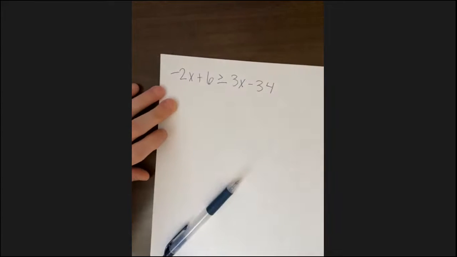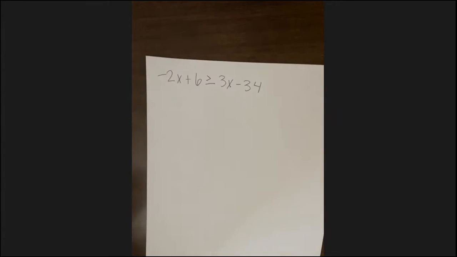Okay, so this is the problem. For this problem, we need to get the x's together on one side, and then the constants, which are just the numbers, on the other side.